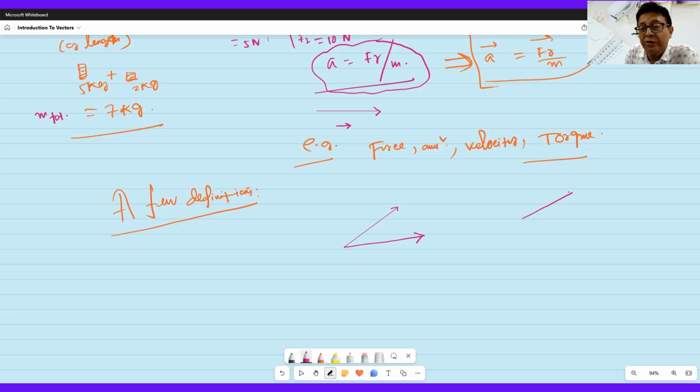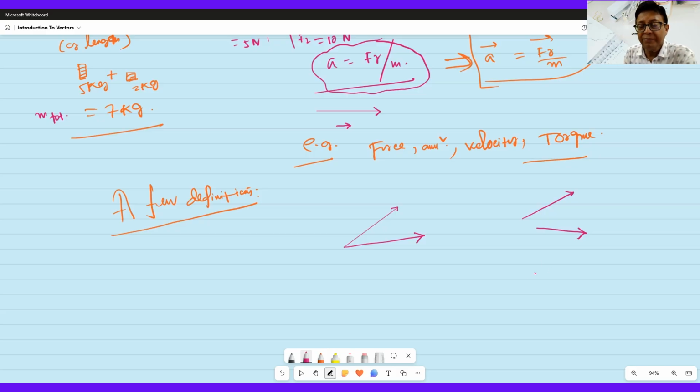They can also not start from the same point. But there is a very important property of vector, that a vector can be slid parallel to itself.